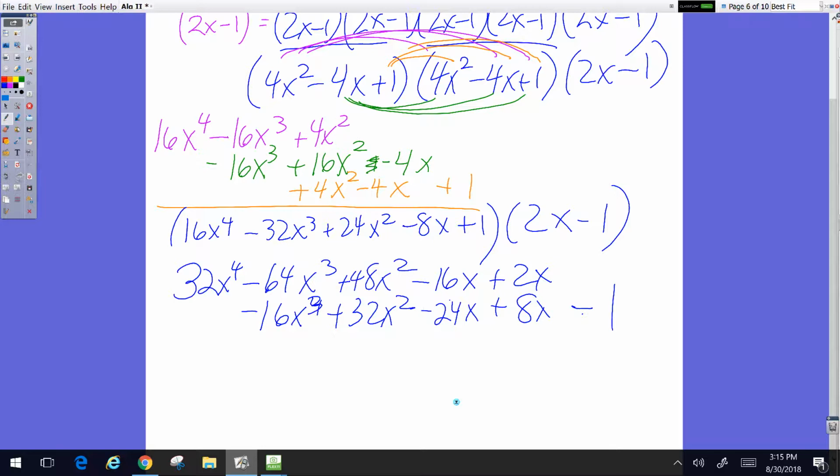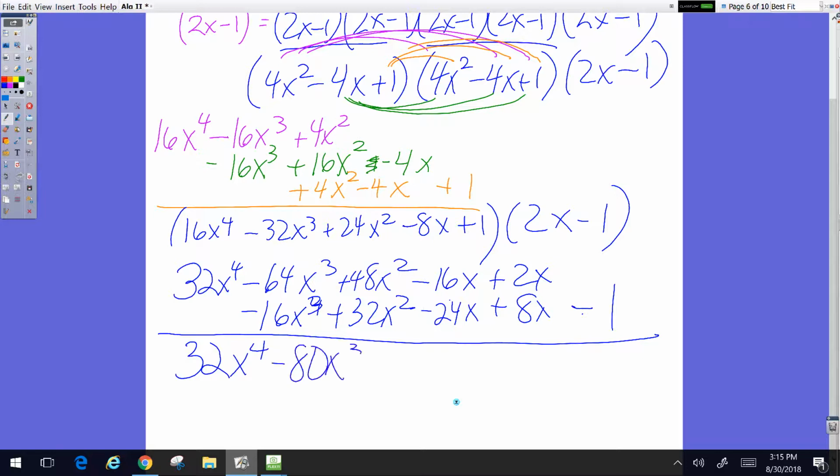But I'm not done because I still have to add like terms. So I get 32x to the 4th minus 80x cubed plus 80x squared minus 40x plus 10x minus 1. Check your work.